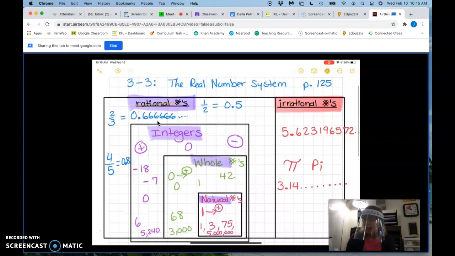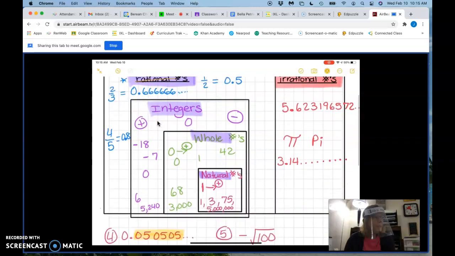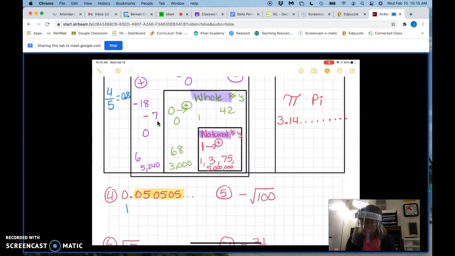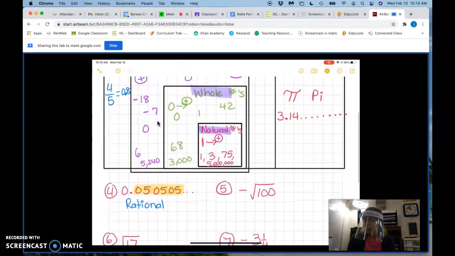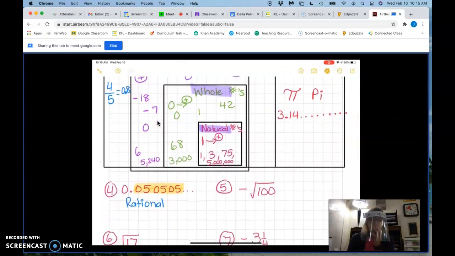Repeating decimals are rational. If it repeats, it's rational. So this one falls under the rational numbers. And remember, my integers, whole numbers, and natural numbers cannot be decimals or fractions. So this one only has rational for its label.